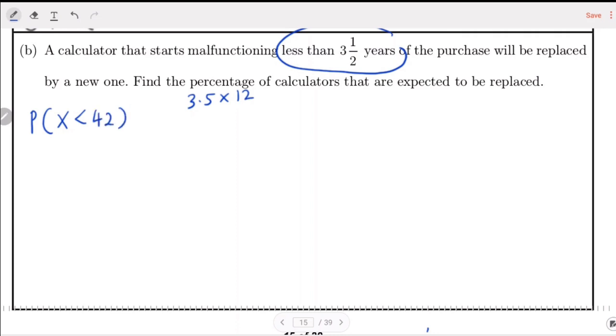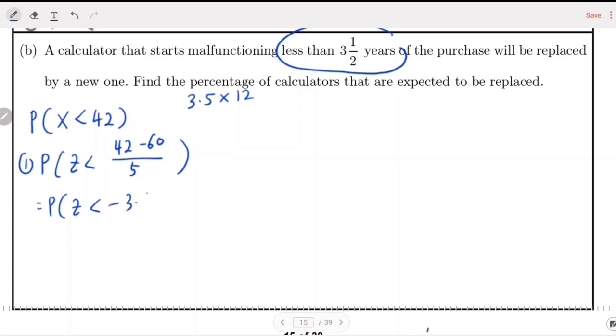And then we need to follow the same 4 steps in order to find the probability for normal distribution. So the first step is to standardize as usual. Minus mu divided by our sigma. Calculate. We're going to get negative 3.6.